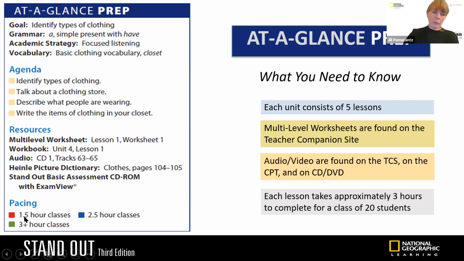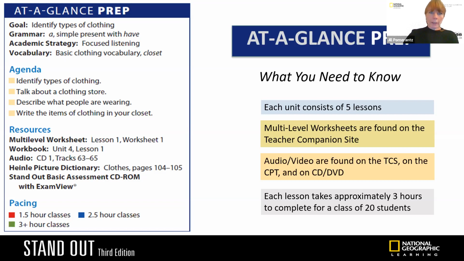That will allow you to do the class in 1.5 hours. If you have enough time to do all the exercises, that would require 3 hours. But honestly, I think if you are working one-on-one with students, then you're going to have enough time to do all of the practices that are in the lesson, okay?